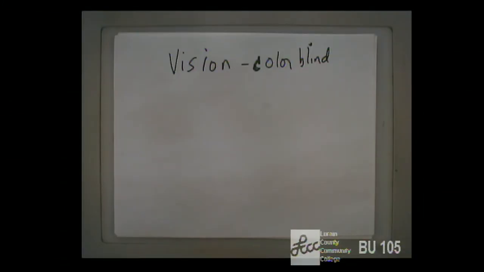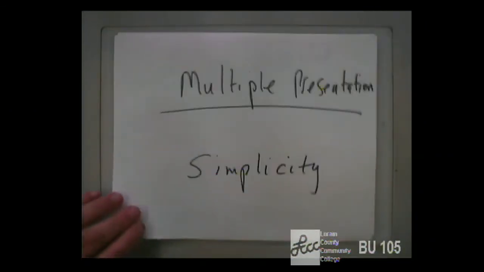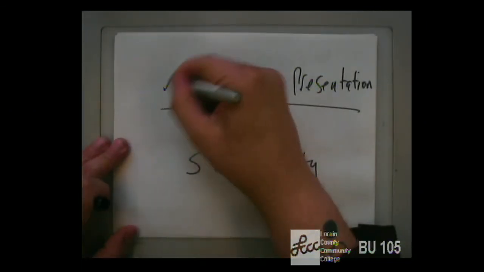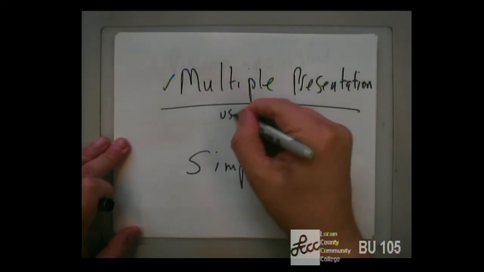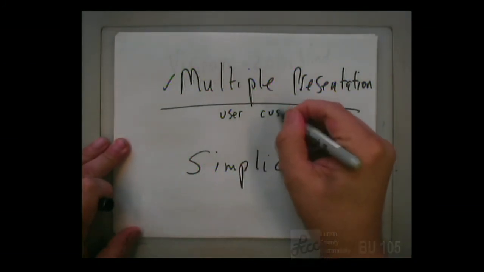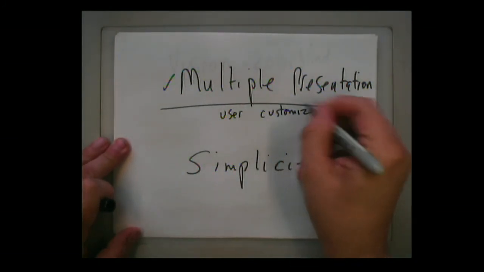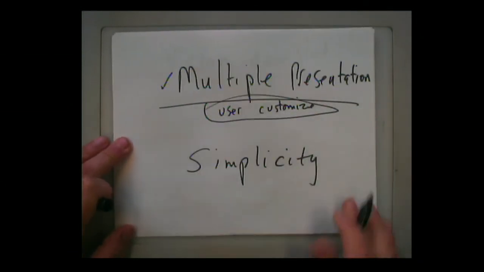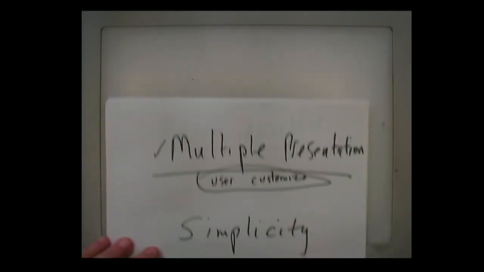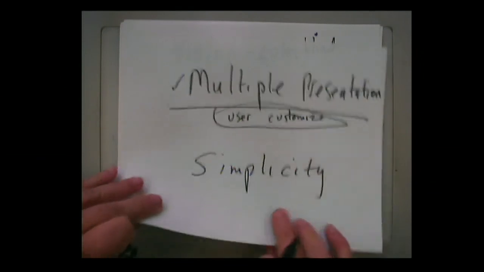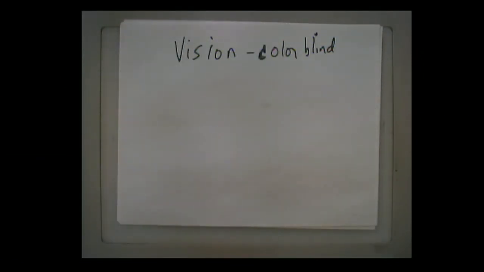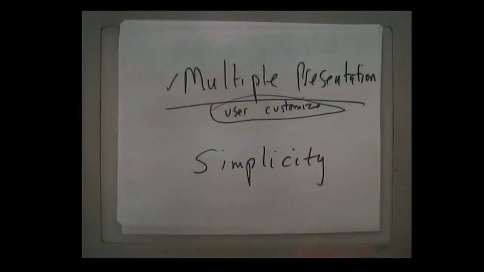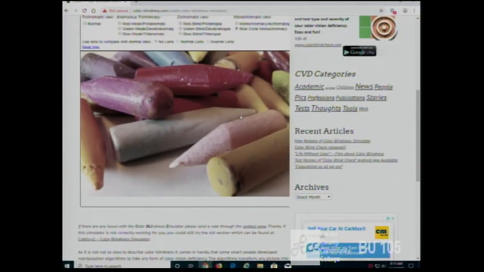I guess that relates to multiple presentation, but being able to user customize is a nice form of multiple presentation. So you have the same content that you can display with different style sheets. Being aware of color blindness and using color schemes that have high contrast is another technique that you can use.